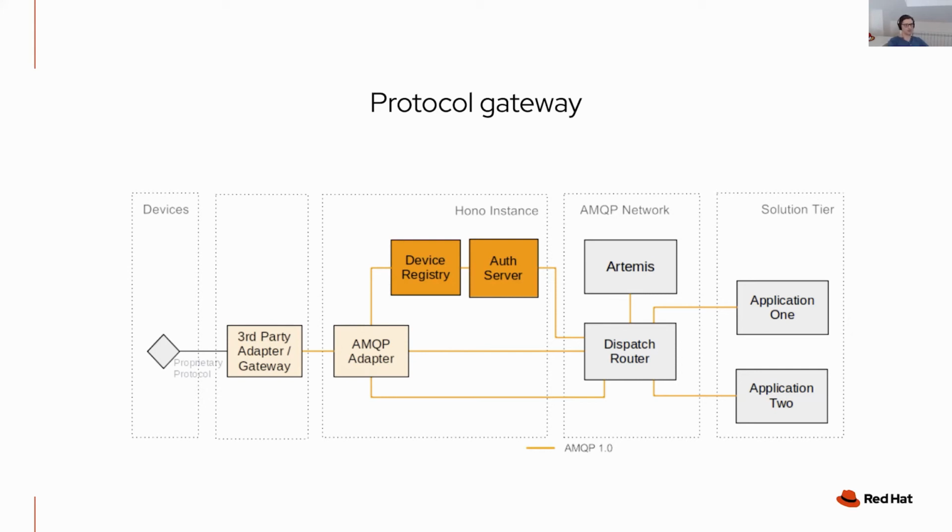So in this case, we would only consider Hono as an IoT cloud, but we need to provide a better way for developing these protocol gateways. And that's something to have in mind and work towards in the following year, providing a good protocol, a good framework and a good library set for developing third-party adapters and gateways for Hono.